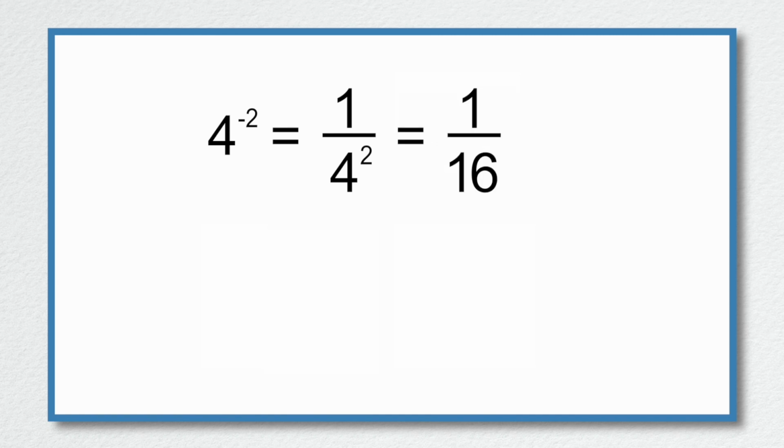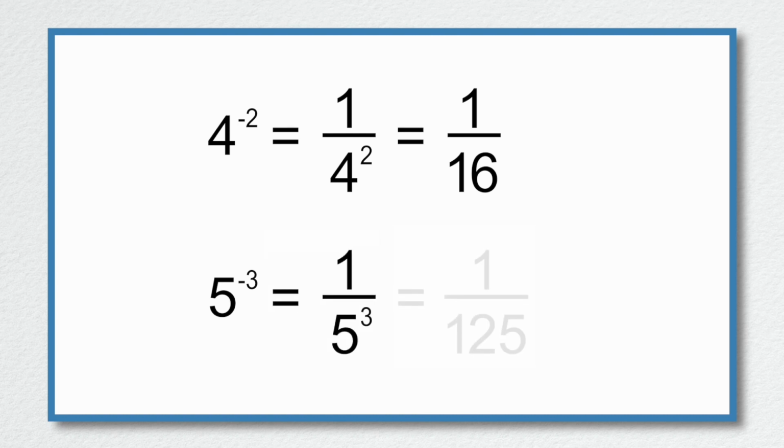And finally, for negative powers, if I have 4 to the power of minus 2, this is basically 1 over 4 to the power of 2, which would equal 1 over 4 times 4, which is equal to 1 over 16. And if I had 5 to the power of minus 3, this is equal to 1 over 5 to the power of 3, which is equal to 1 over 125.